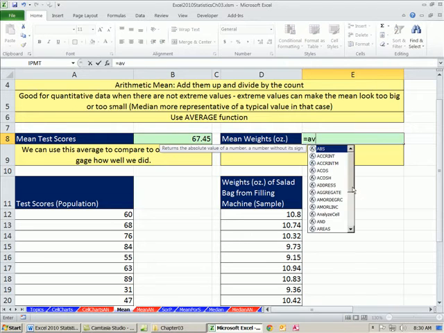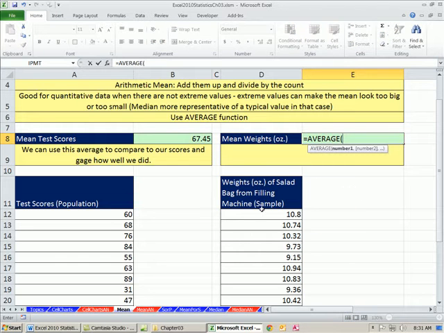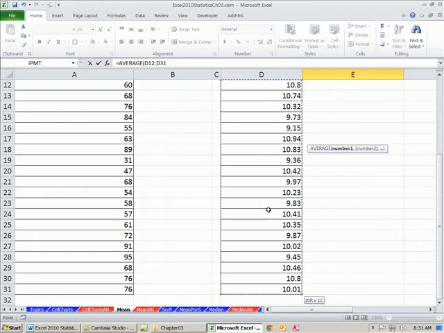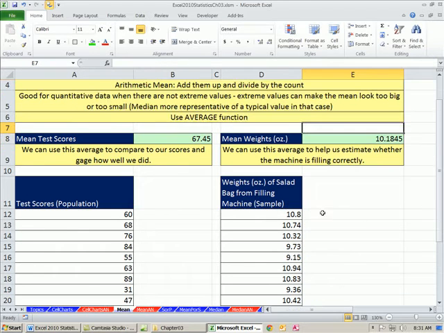So we'll use an average. Remember, an average is a typical value. We're going to have one value that represents all the data points. So 10.1845, right? We can use this average to help us estimate whether the machine is filling correctly. And in chapters 7 to 9, we'll see how to use hypothesis testing to do that.